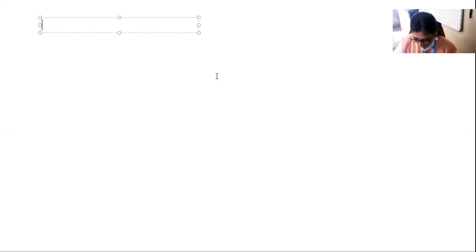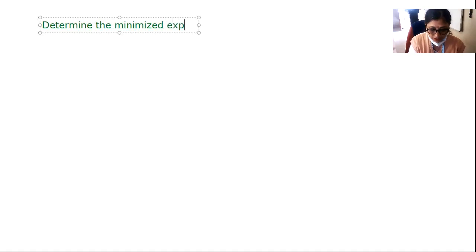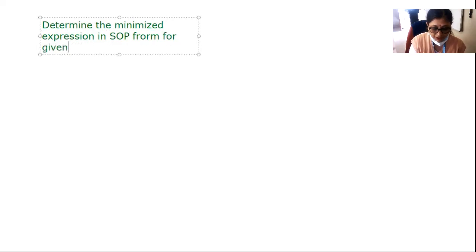Okay. Determine the minimized expression in SOP form for the given truth table.